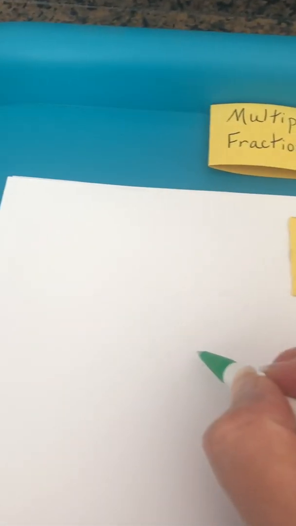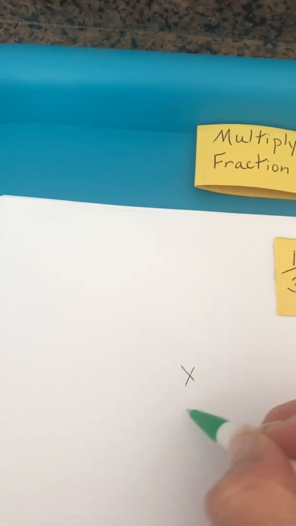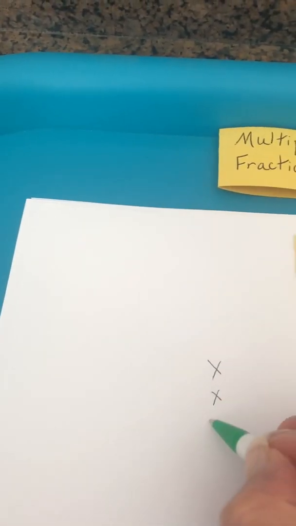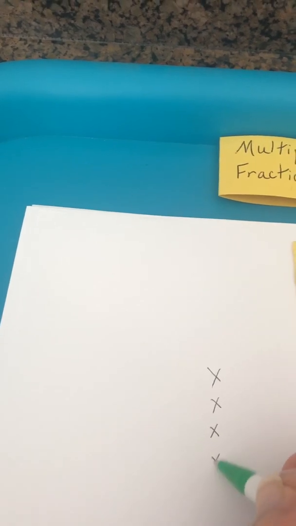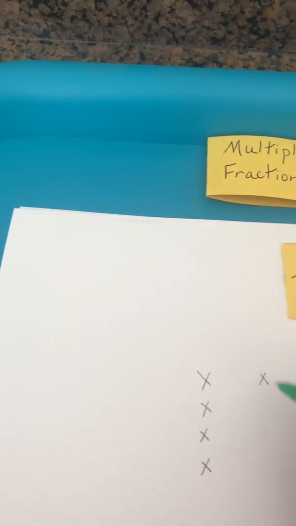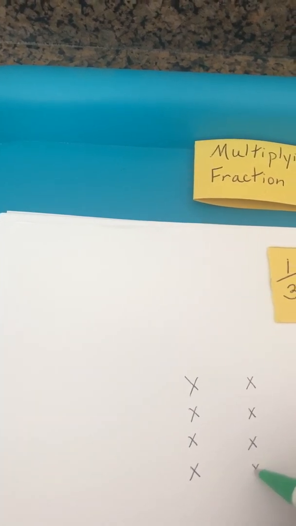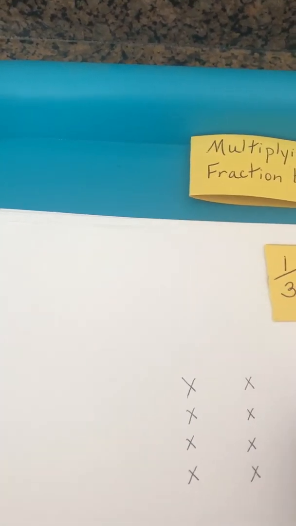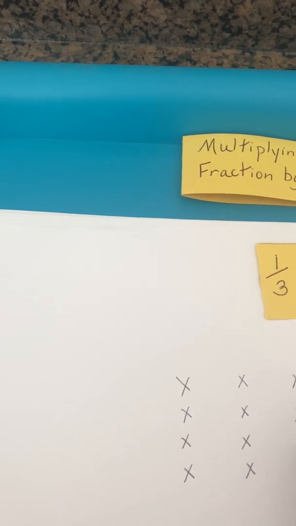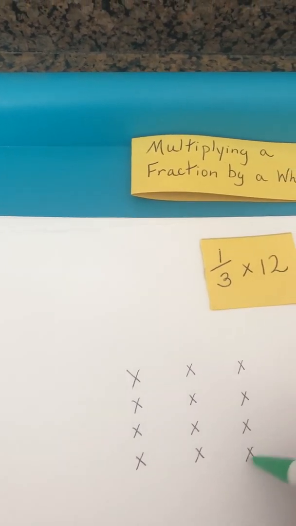So I'm going to draw 1, 2, 3, 4, 1, 2, 3, 4, 1, 2, 3, 4.